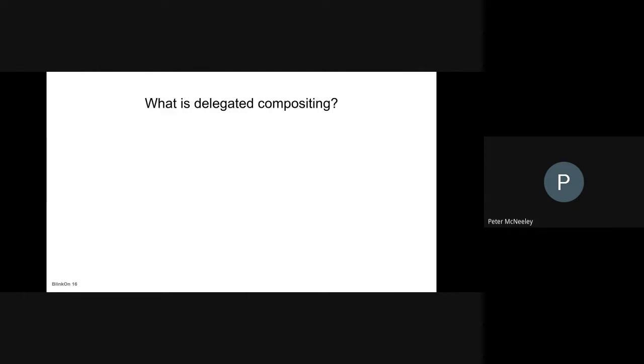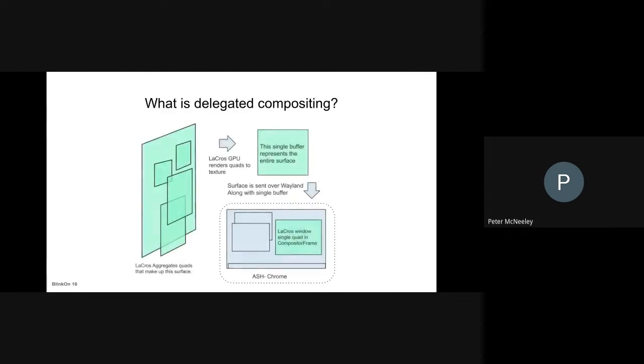Given that, we can now move on to the question of this presentation. So what is delegated compositing? Lacrosse before delegated compositing looks like the image here. We have many quads that constitute the window of a Chrome browser instance. Originally, all of these quads were composited in the Lacrosse browser and were sent through Wayland as a single surface with a single buffer.